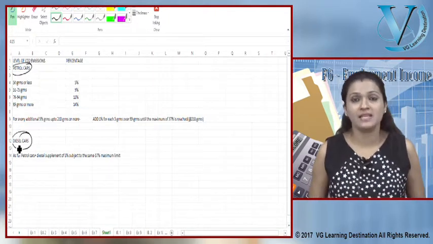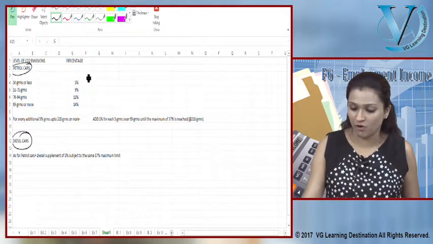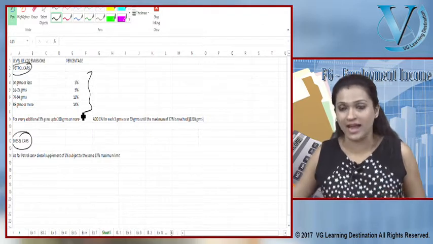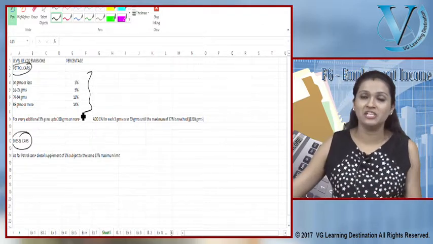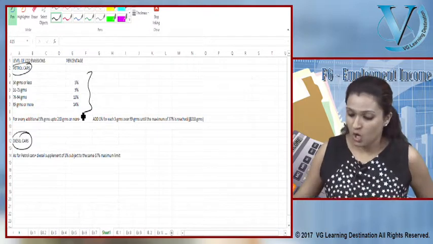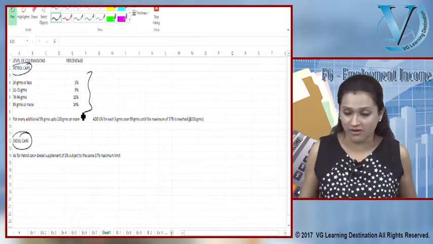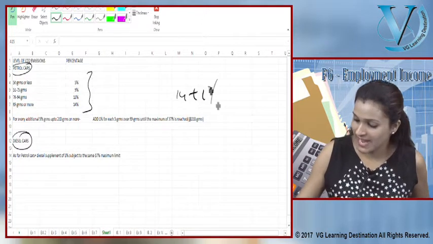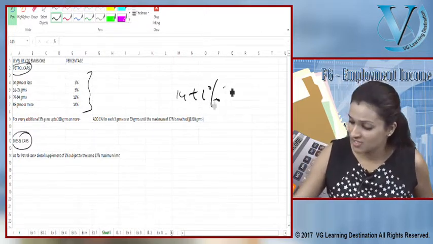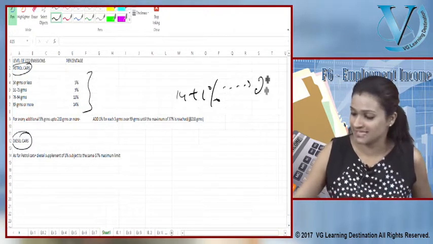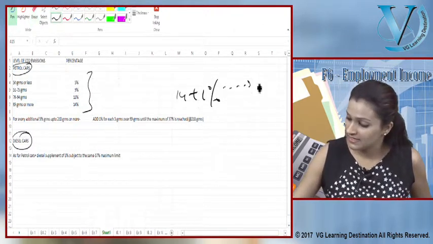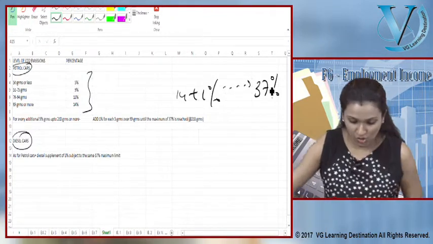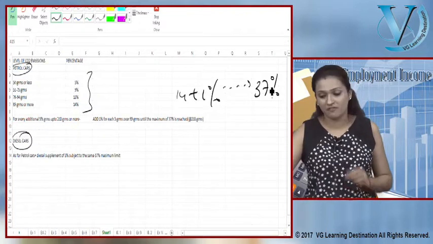For anything more than 95 grams, you're adding 1% for each 5 grams more than 95, which means supposing it's 100 grams, 14 plus 1% gets added. This goes on until the maximum level of 37% is exhausted.